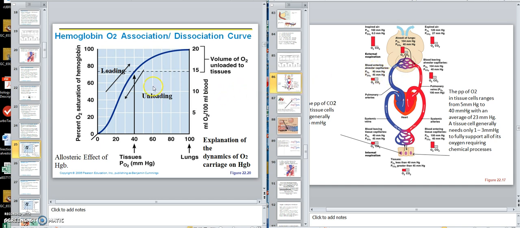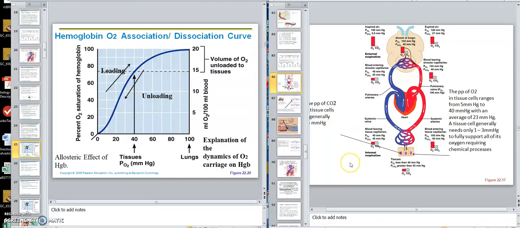So therefore, right here would be a 40. That's in the tissues, because down here in the tissues, you had unloaded. So you're coming all the way up from the tissues here. See, PO2, 40, all through here. And then finally there, all this over here was a 40.